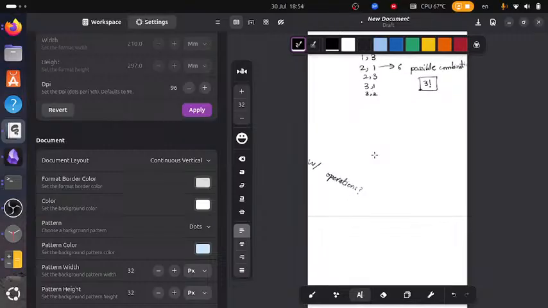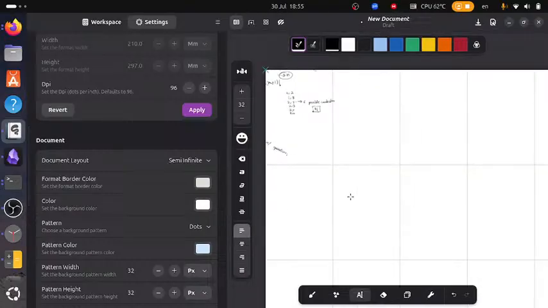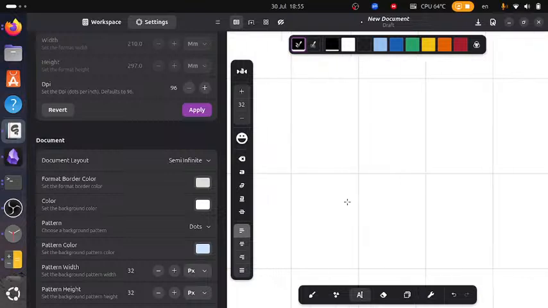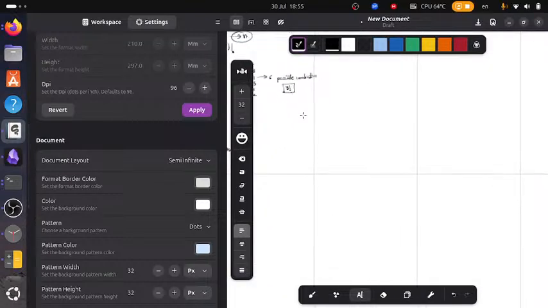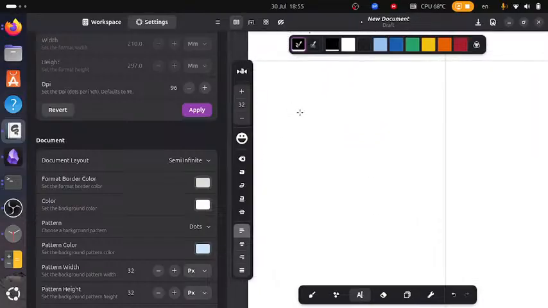This makes much more sense. The canvas gets me lost, man. I get lost everywhere. What is semi-infinite? Okay, it's weird. I don't like this. Maybe it's good. It's nice. It's this instead.